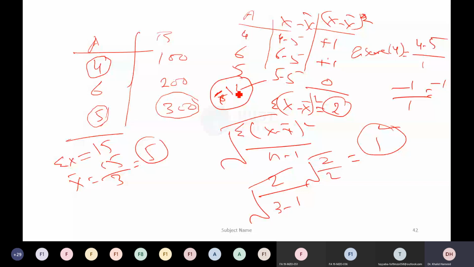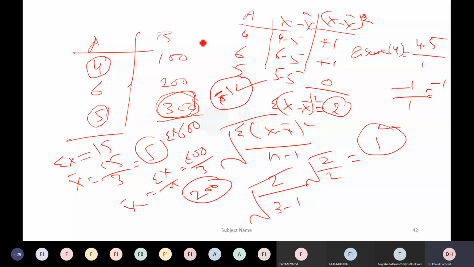And if you're going to calculate the standard deviation of this data set, once again, I have 100 plus 200 plus 300, that will be equal to 600. Summation x will be 600, and then I have summation x over n, that will be equal to x bar. So 600 divided by 3 will be equal to 200. So my mean is 200.